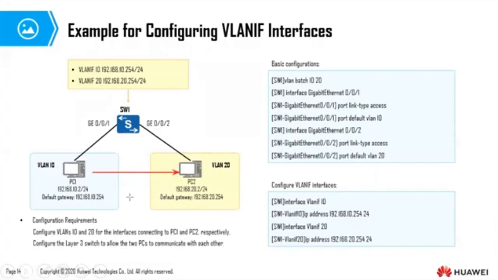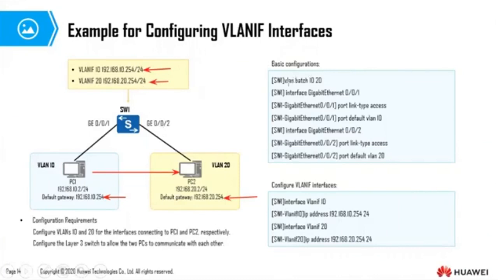So again, just like on the router interfaces and sub-interfaces, you have to configure what? Default gateways. These default gateways are the IP addresses that you're going to give the VLANIF interfaces. We have that one, and we have this one for VLAN 20. So those are the gateways. How do you do this?